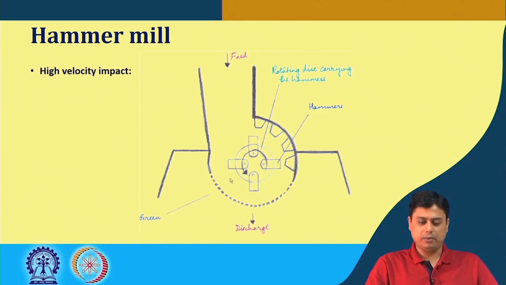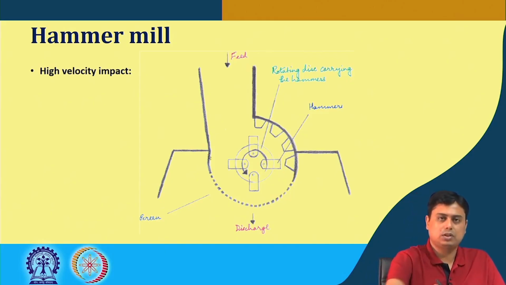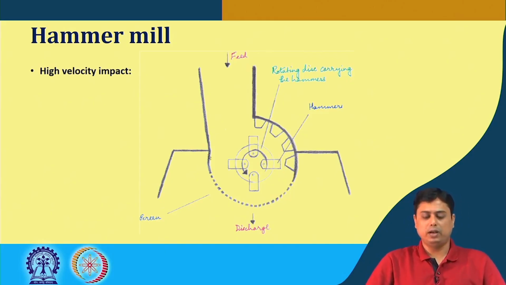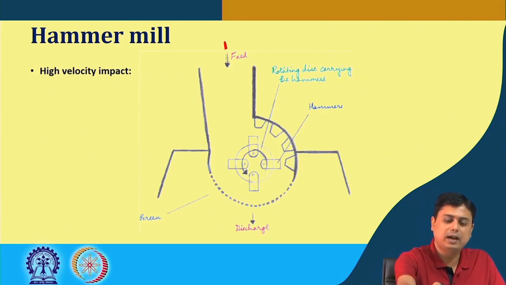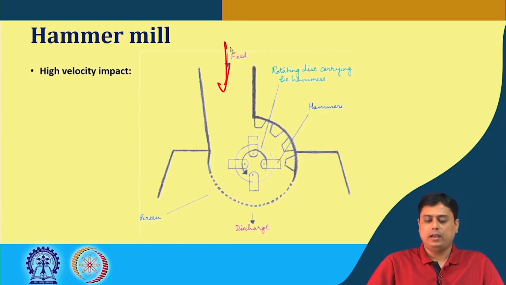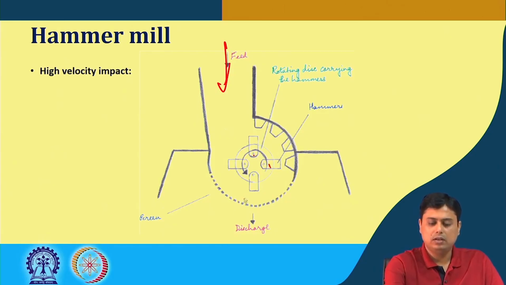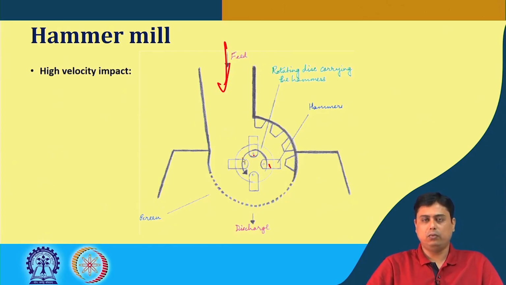Here, this cross sectional view of the equipment is something like this, where the feed comes in, and here we have a rotating disc where the hammers are attached.